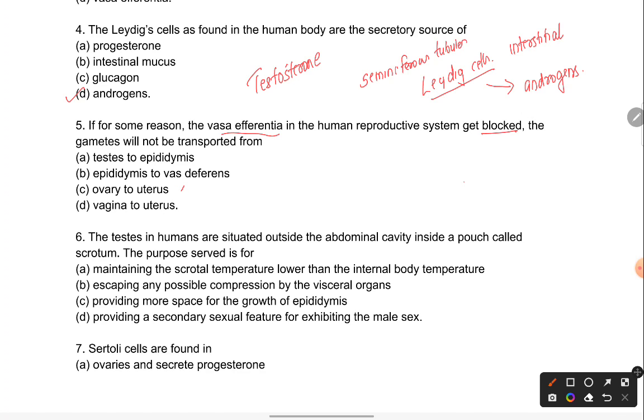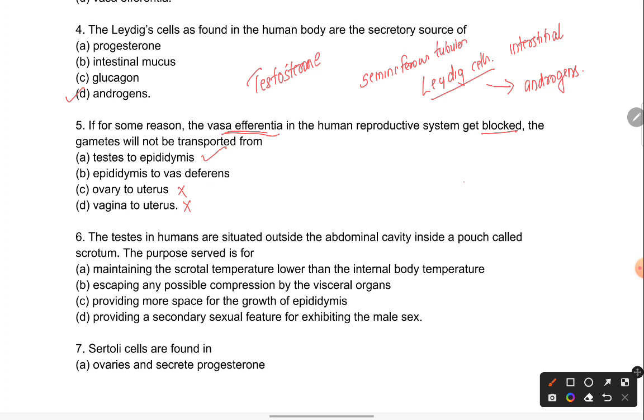We all know the last two options are wrong because they are parts of the female reproductive system. If vasa efferentia get blocked, the sperms will not move from testis to epididymis. So the correct option is option A.